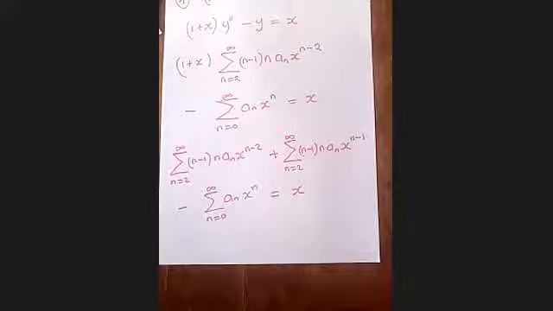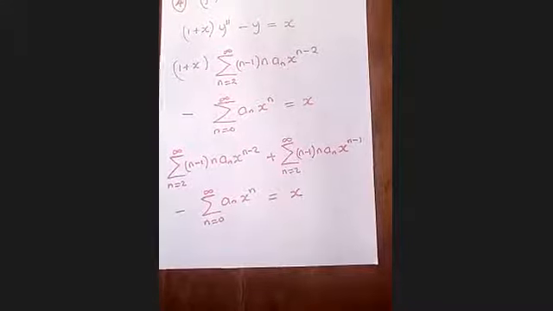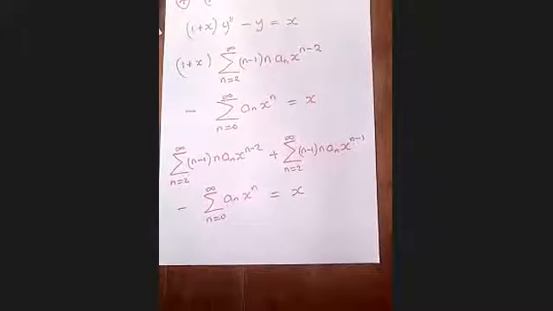Yes, sir. Step 2, what you're basically doing is multiplying y double prime with what's in the bracket, 1 plus x. So 1 times y double prime, which is this series, gives us this series back. Then x times y double prime gives us this.